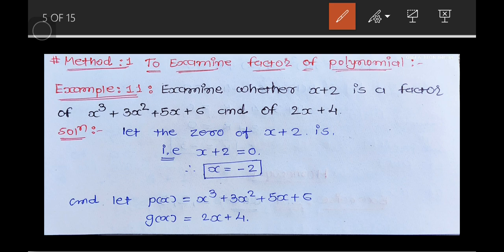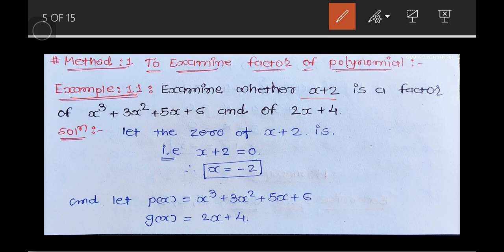Now example number 11: examine whether x plus 2, a linear polynomial, is a factor of x cube plus 3x square plus 5x plus 6 and of 2x plus 4.